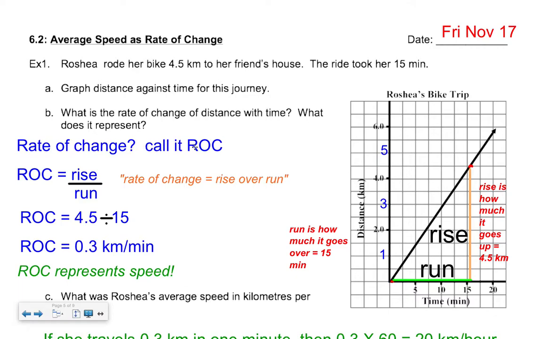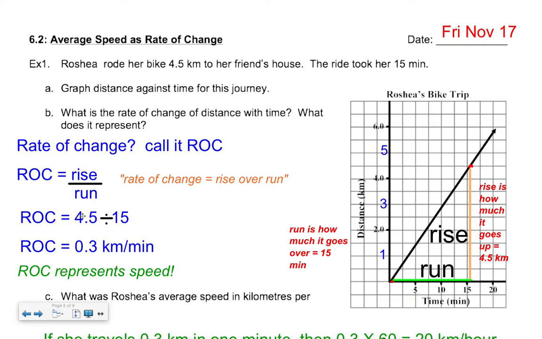So rate of change, first of all, ROC, and how you find it, is rise over run, and that's an expression we'll use a lot for the rest of the semester. Rise over run, okay? So rise, again, is how much in your triangle you go up by, and you can read that off of the side scale. The run is how far it goes over by, and you can read that off the bottom scale.